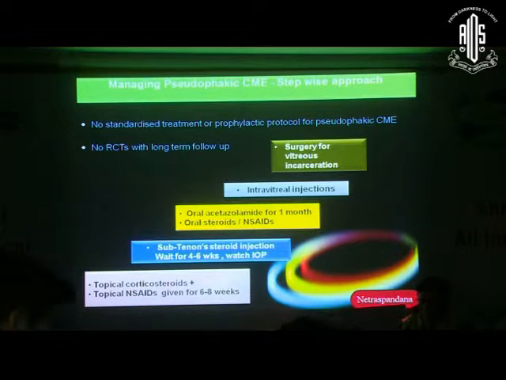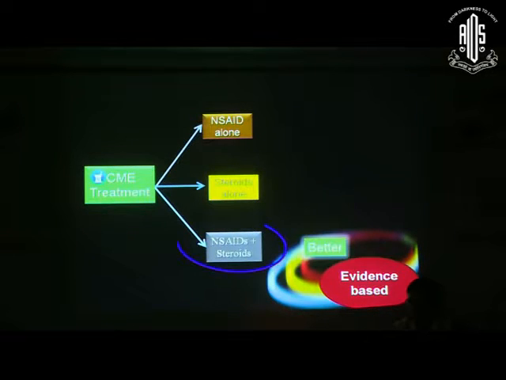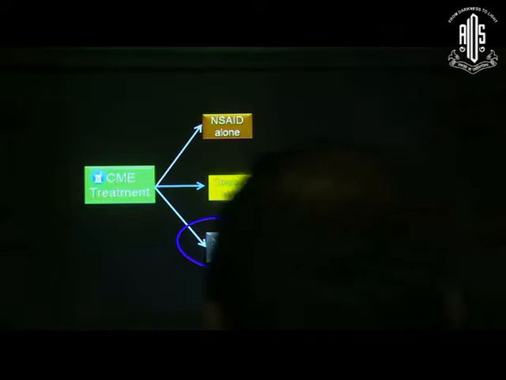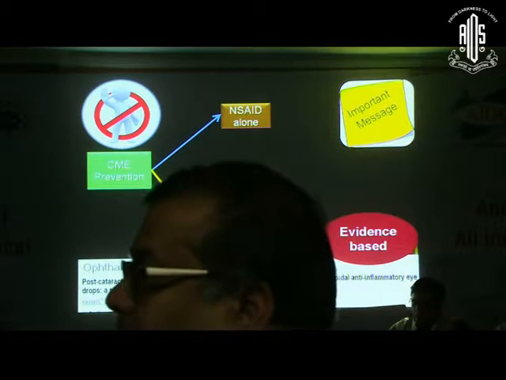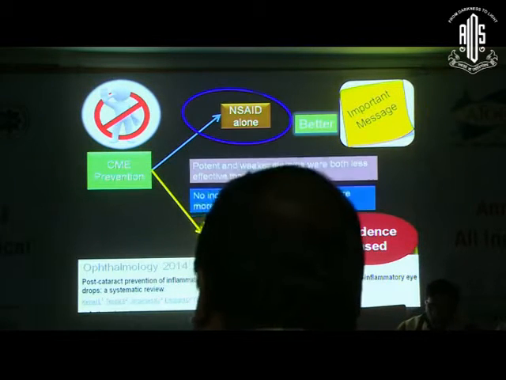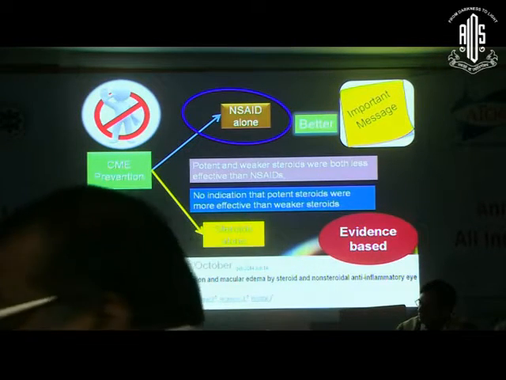Some people have also tried oral acetazolamide and later intravitreal injections. If you look at the treatment options, it is always better to give NSAID with steroids for better action. But when it comes to preventing CME, NSAIDs alone are better, and adding a steroid would not make any difference.